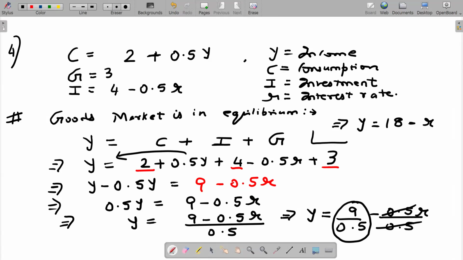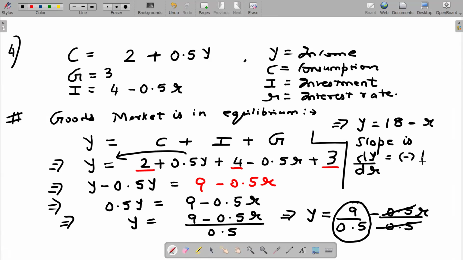And if you look at the slope of this, the slope is dY over dR, which is minus 1. If you do dR over dY, that also comes out as minus 1.